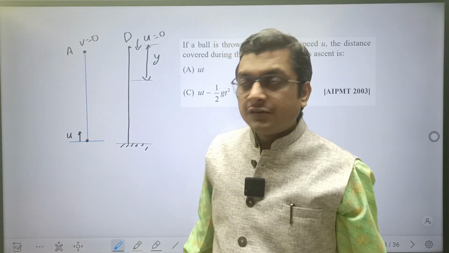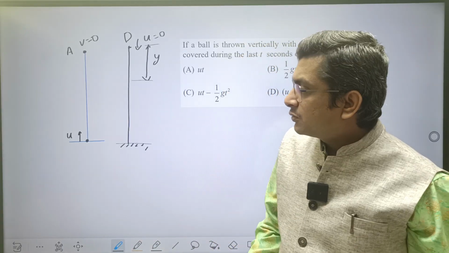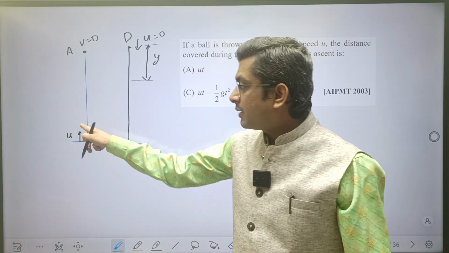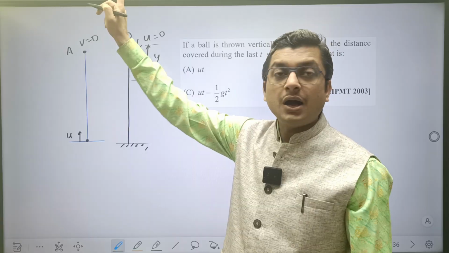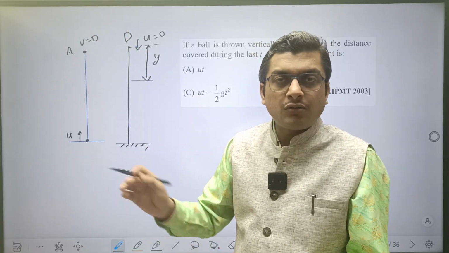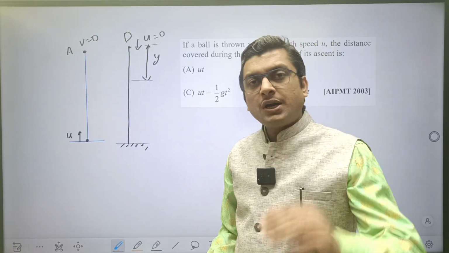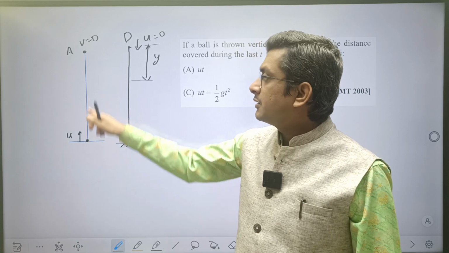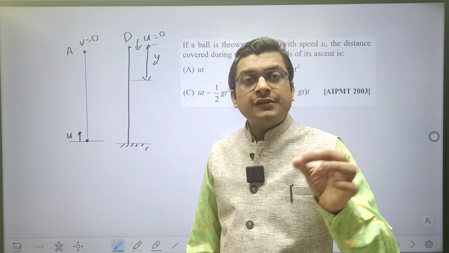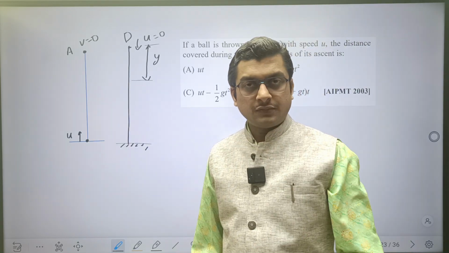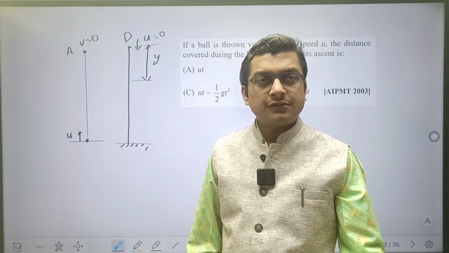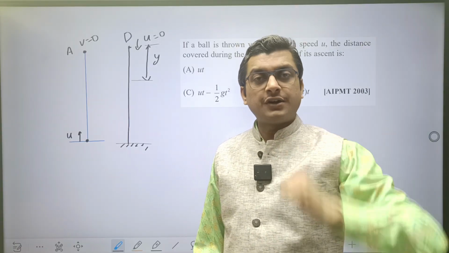Suppose you are asked to find the distance covered by this ball which is being thrown from the ground vertically upward, in the last 3 seconds of its ascent, or you can say in the last 3 seconds of its upward journey.